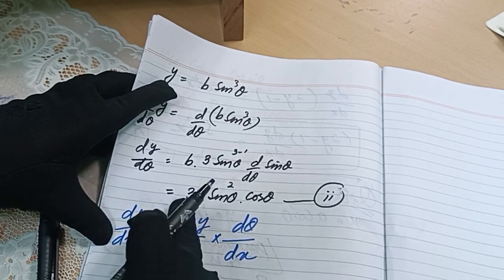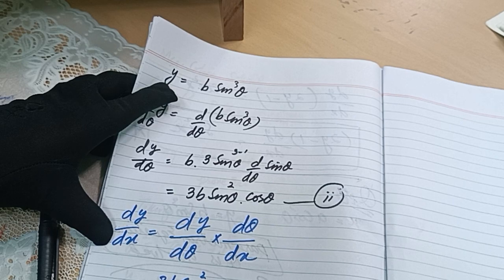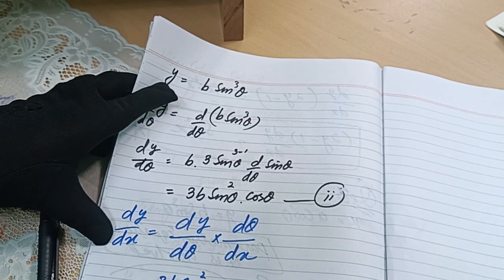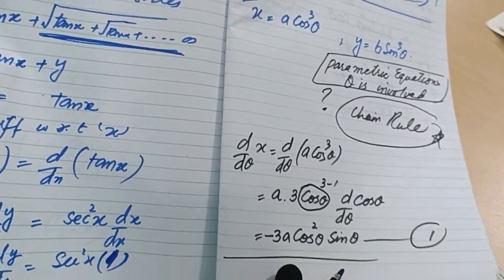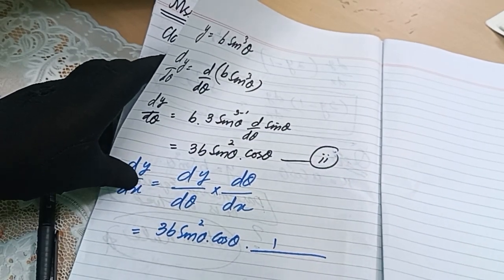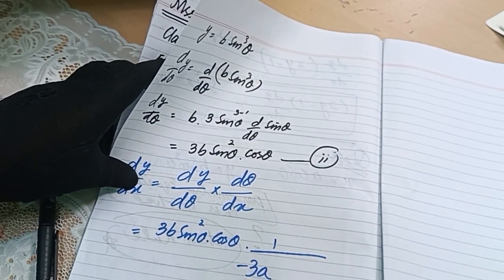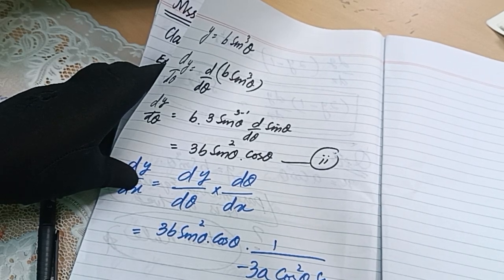Okay, dy by d theta, this value: 3b sine square theta cos theta. Here we find dx by d theta, 1 over dx by d theta. So we will use the reciprocal of this to put the value here. Reciprocal means 1 over minus 3a cos square theta sine theta.